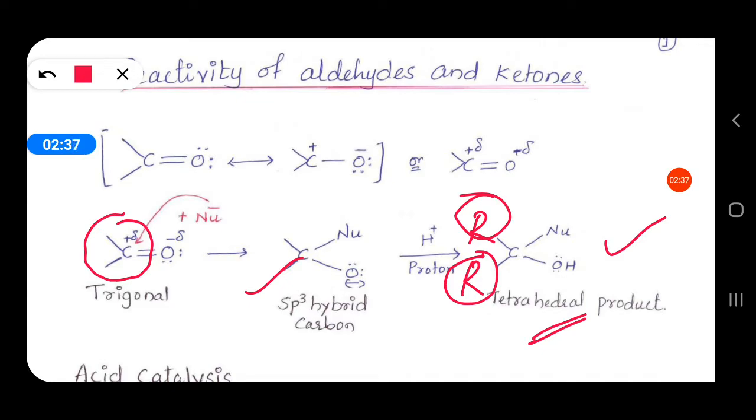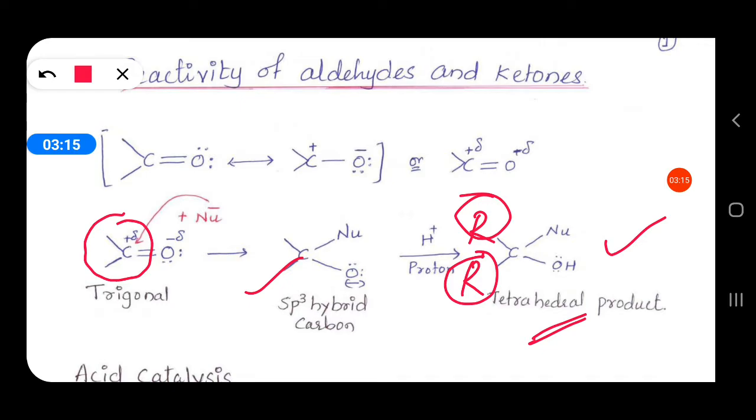Also each alkyl group, being an electron releasing group with a plus I effect, decreases the positivity of the carbon. So for both these reasons, the nucleophilic attack on the carbonyl carbon is retarded, or very slow, in ketones.